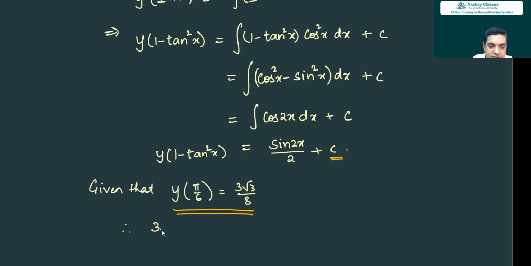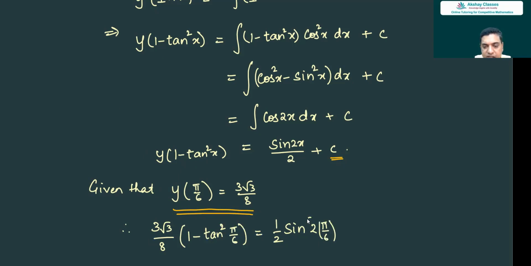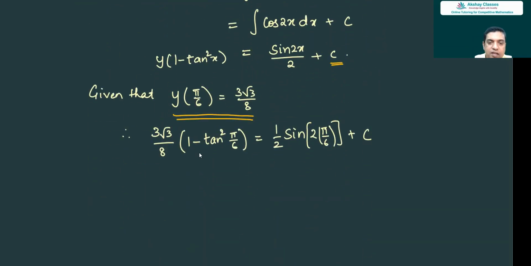So y is 3 root 3 upon 8 times 1 minus tan square pi by 6 is equal to half sine twice of pi by 6, that is pi by 3, plus c. Now tan 30 degrees, tan pi by 6 is 1 upon root 3.